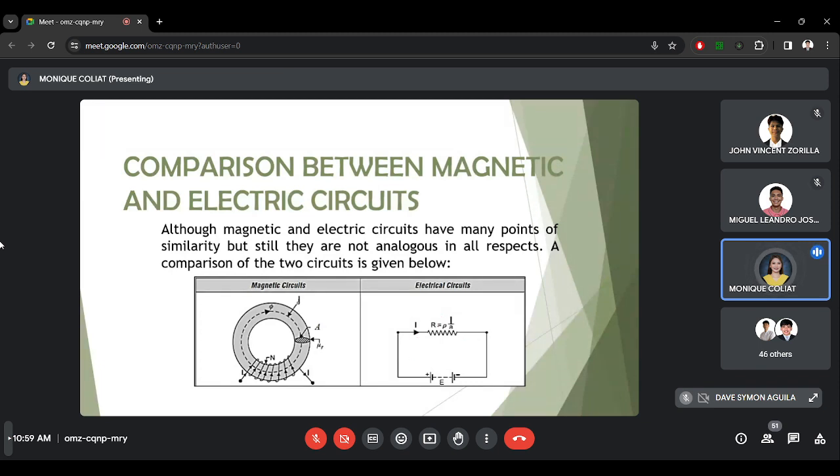The resistor is the one opposing the flow of current. Here, we have the reluctance opposing the flux. To get the resistance, we have rho L over A. To get the reluctance, we use L over mu o mu R A.